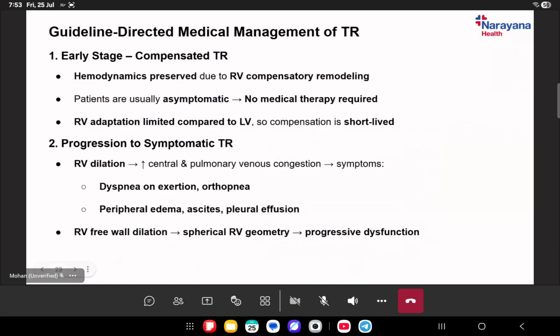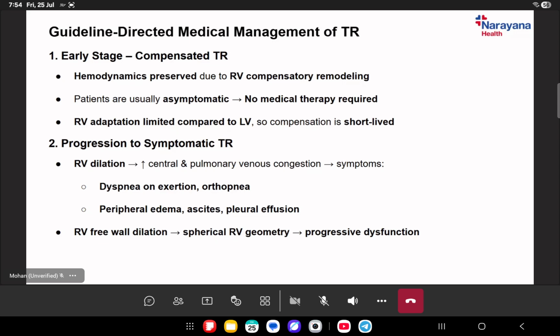Coming to the medical management. In early stage compensated TR, hemodynamics are preserved due to RV compensatory remodeling, so usually no medical therapy is required. But RV adaptation is limited compared to the LV, and compensation is short-lived. Progression to symptomatic TR: RV dilatation increases central and pulmonary venous congestion, causing symptoms like dyspnea on exertion, orthopnea, and peripheral edema.